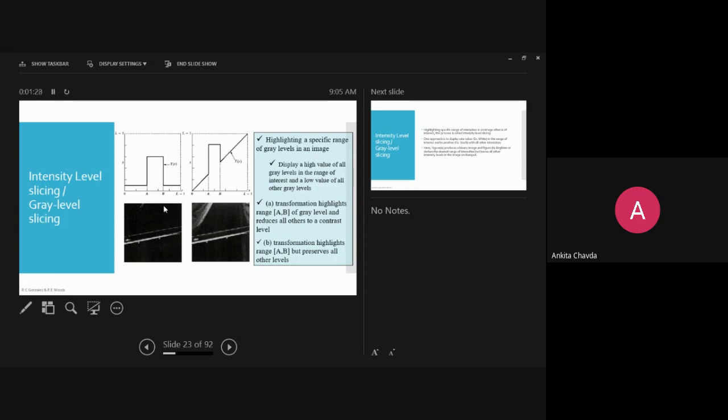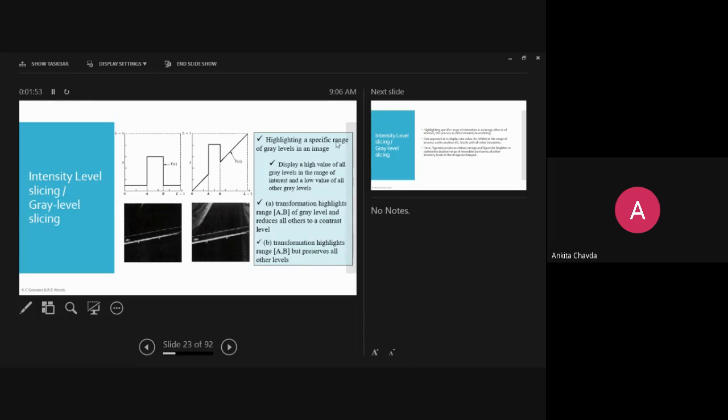The image could have other pixel values also, but I'm not changing them. I'm just changing the particular values. Suppose here we have some colors that will be as they are, and you are doing this slicing. How to do it, I'm explaining to you.